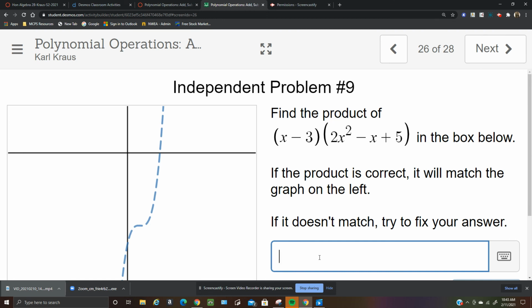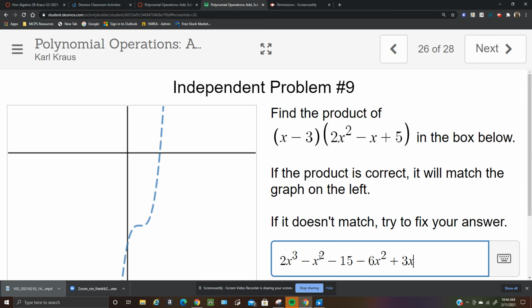And this one, 2x cubed minus x squared minus 15 minus 6x squared plus 3x. What did I do here?